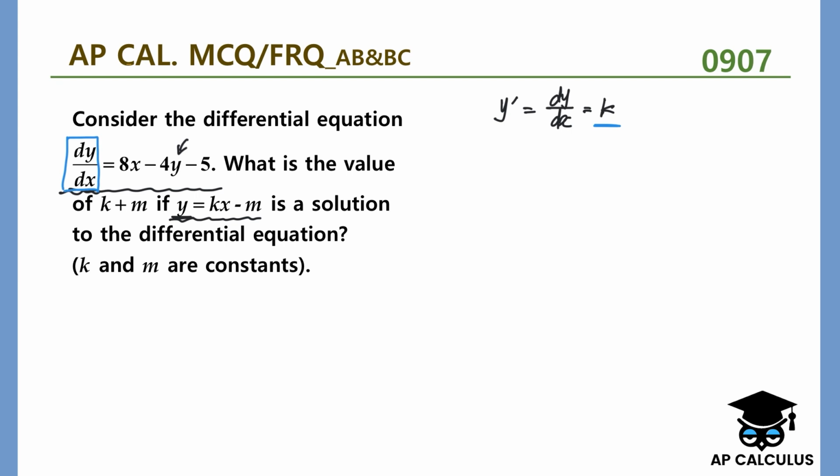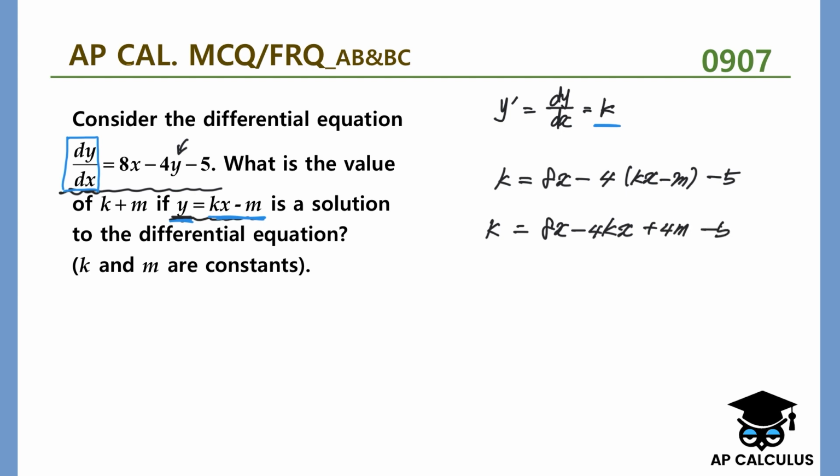Okay. K is equal to 8x minus 4y, and our y is kx minus m, right? So 4 times kx minus m, minus 5, right? So k is equal to 8x minus 4kx plus 4m minus 5.